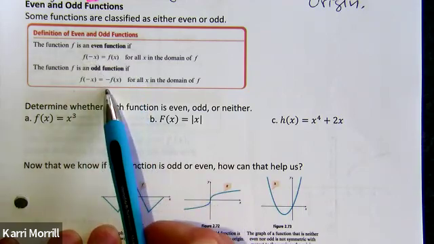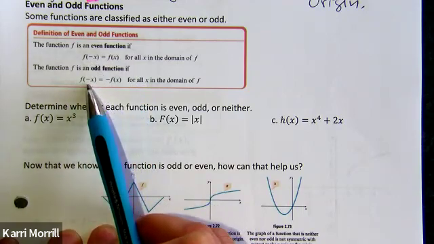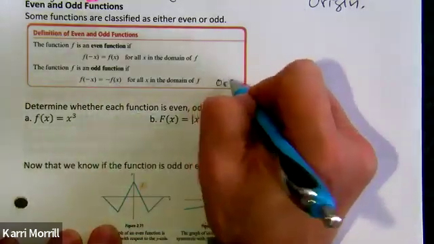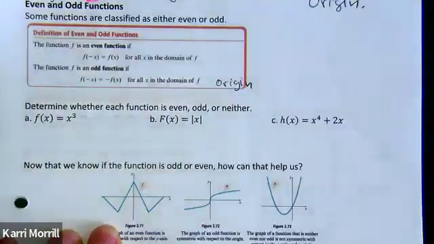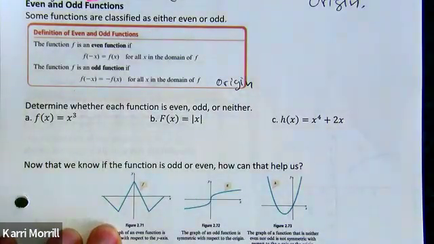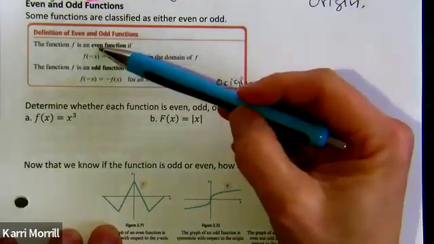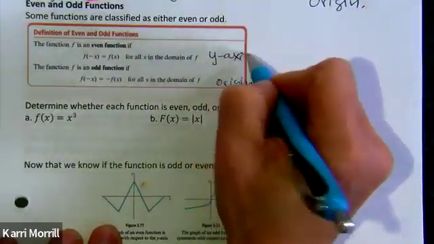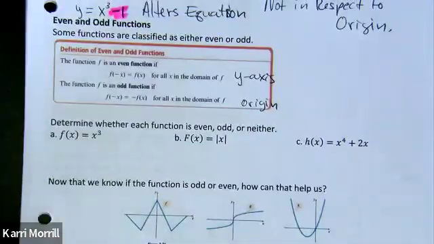An odd function is if you change the x, it will change the y, which would be in respect to the origin, which is what I should have written up here. So remember, if you change the x value and the y stays the same, that means it would be in respect to the y-axis. I'm just trying to show you that these even and odd functions are basically the same concept, just talking about a different theory or rule that is sometimes used.